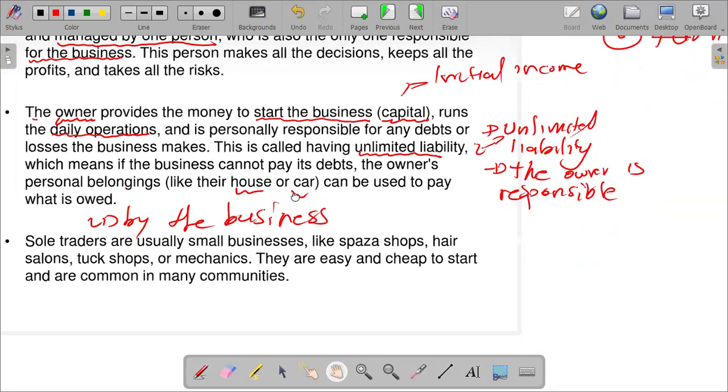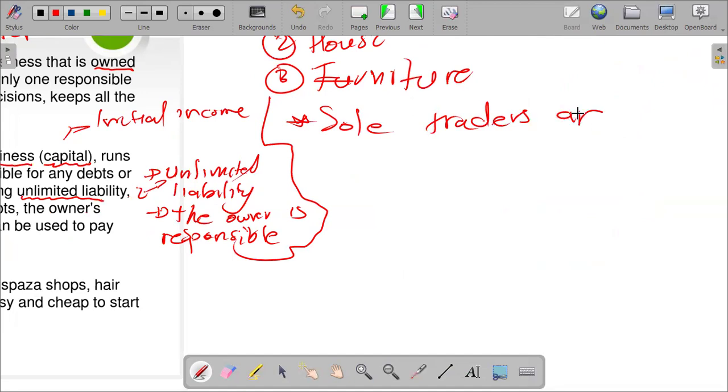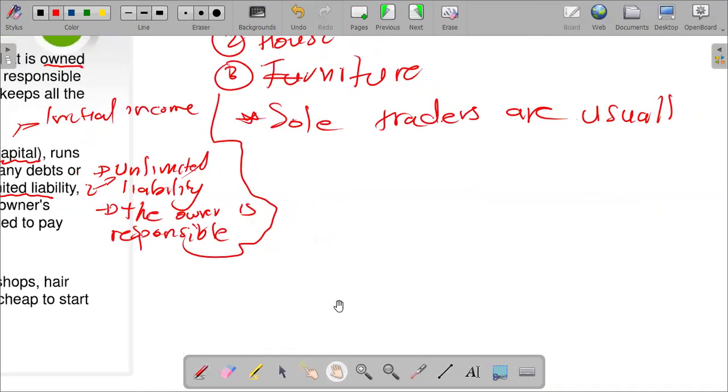Why? Sole traders are usually small businesses.